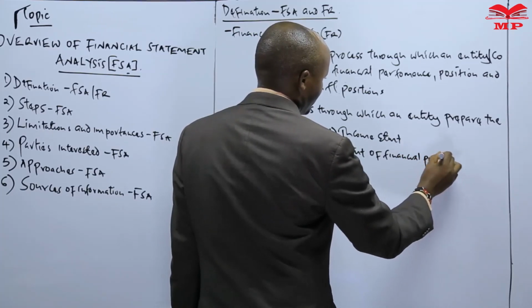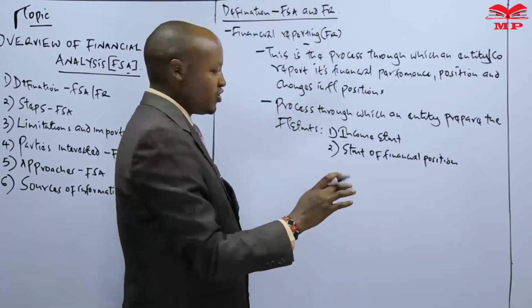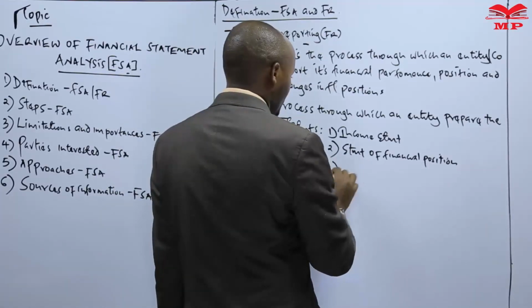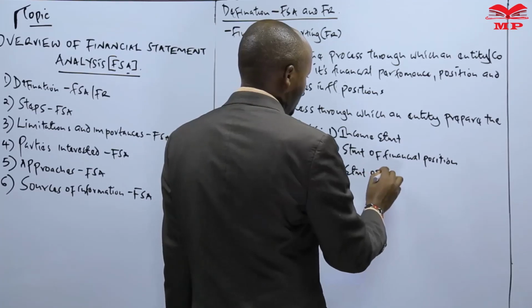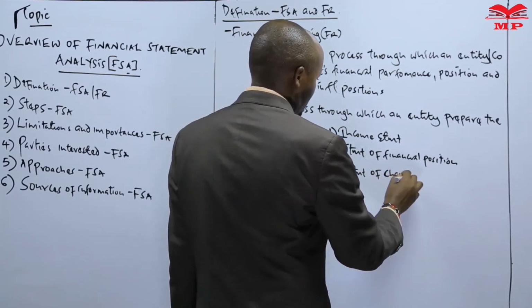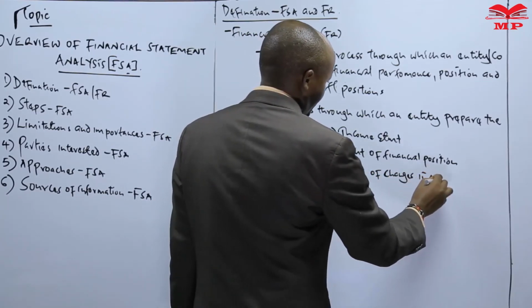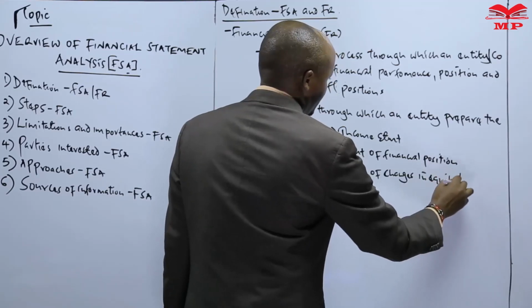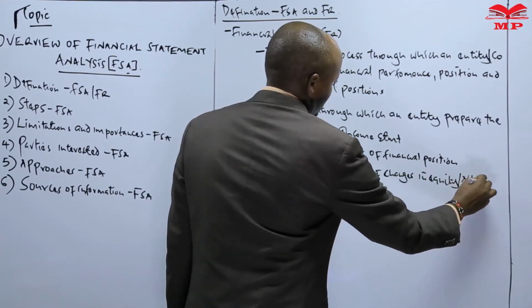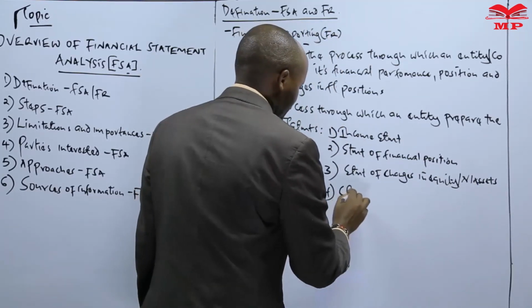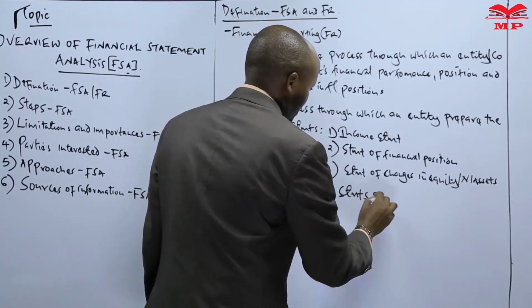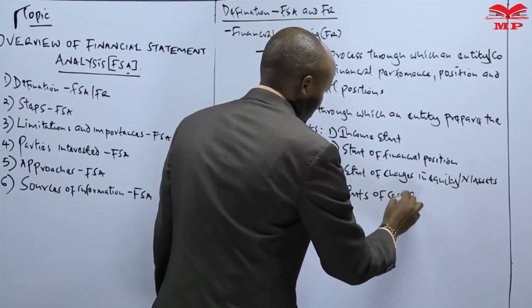This is what was formerly known as the balance sheet. Number three, the statement of changes in equity or net asset. Number four, the statement of cash flows.